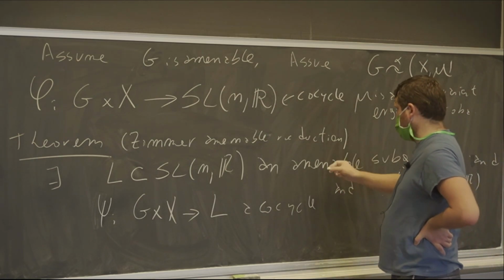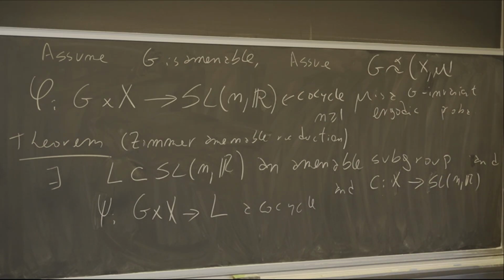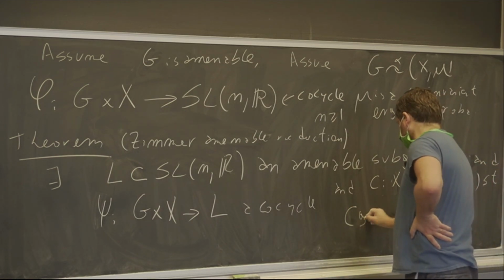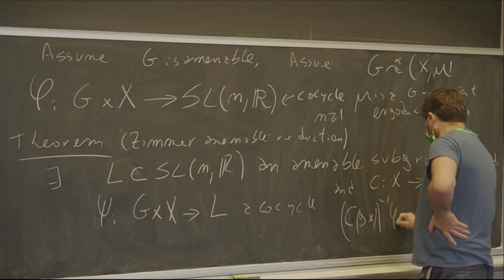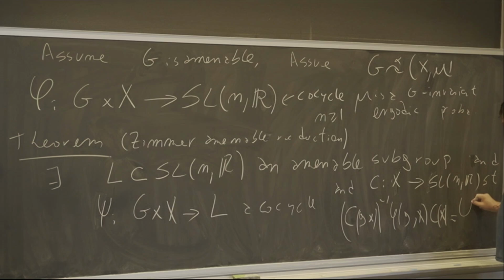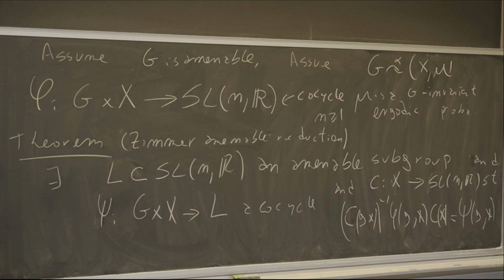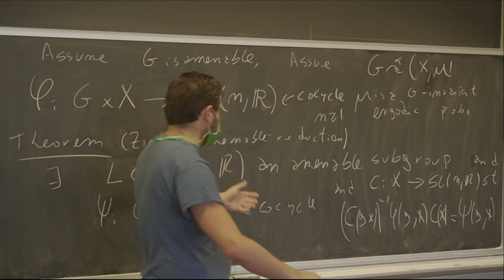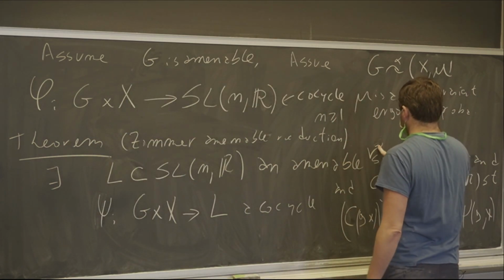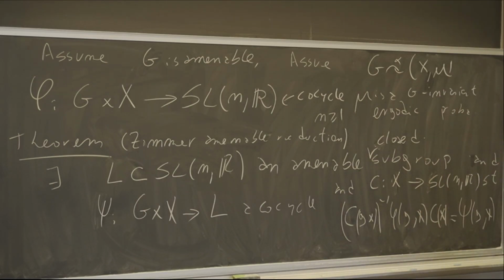Here n is at least 1. So, of course, for n equals 1 it is trivial, such that C(gx) inverse phi(g,x) C(x) is equal to psi(g,x). So you can conjugate your cocycle to be amenable. Okay, and I said amenable closed subgroup actually, just to make sure.